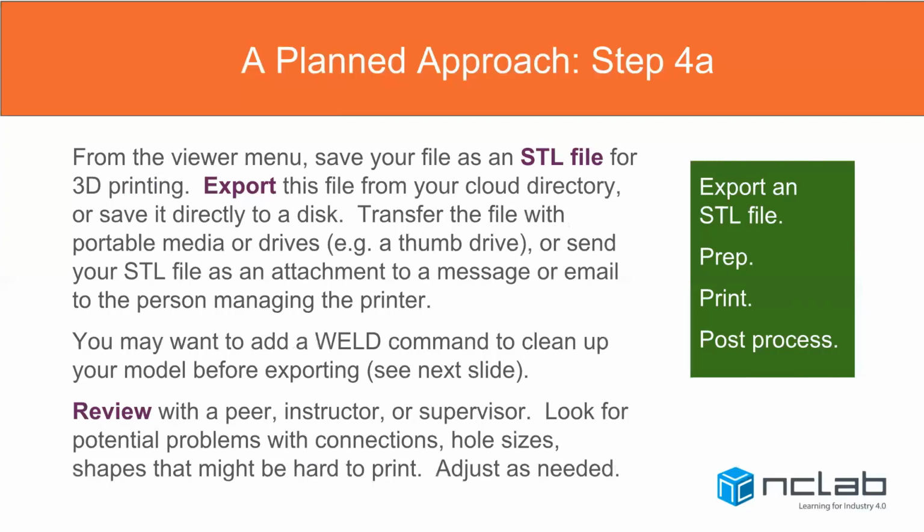So some of them take your regular USB thumb drives, others take a certain type of portable media. So see how you're going to transfer that file. If you're working with an online printing service, you can just send your STL file to them or to your university. Or if you're using slicer software on a computer, you can certainly import your STL file to that computer.